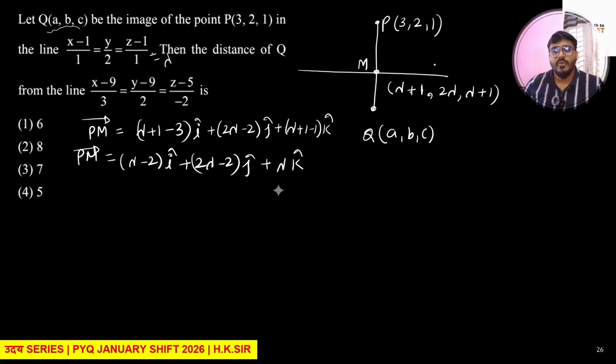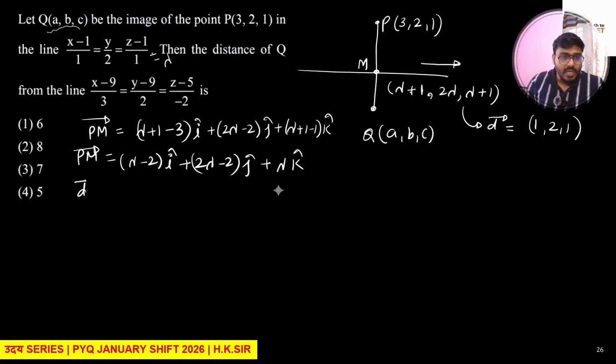Now we know direction vector along this line. What is the direction vector along this line? D vector is 1 2 1. So PM vector and this D vector both are perpendicular now, so their dot product is 0.